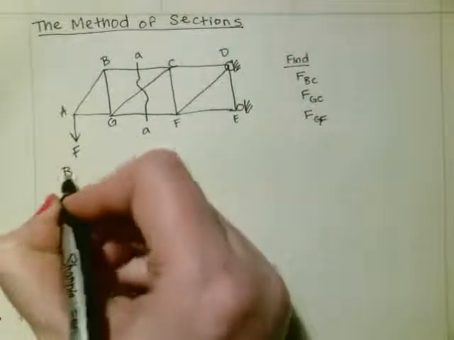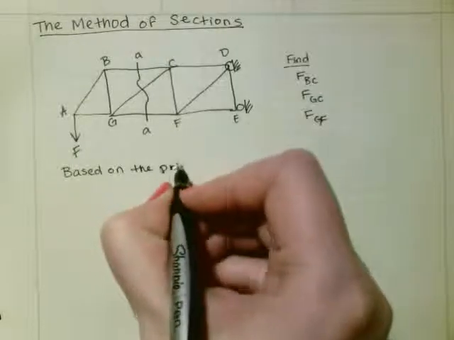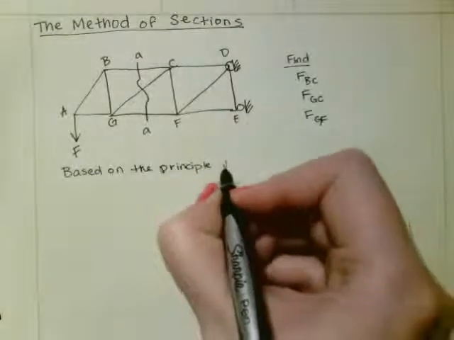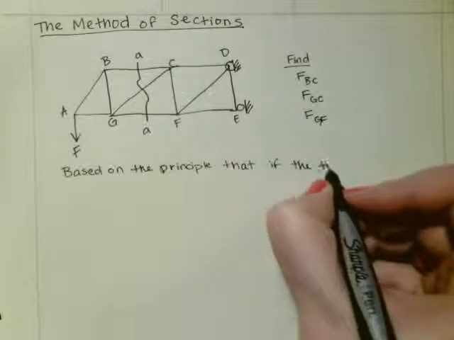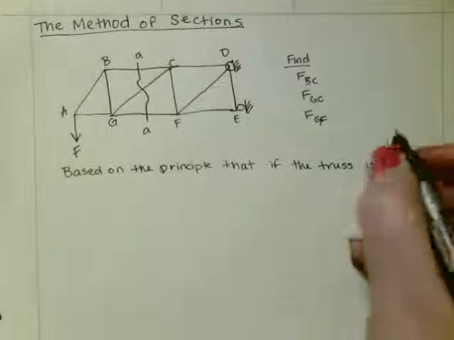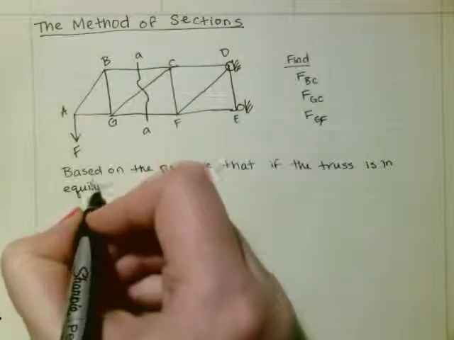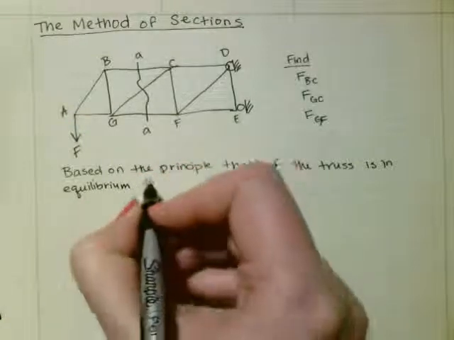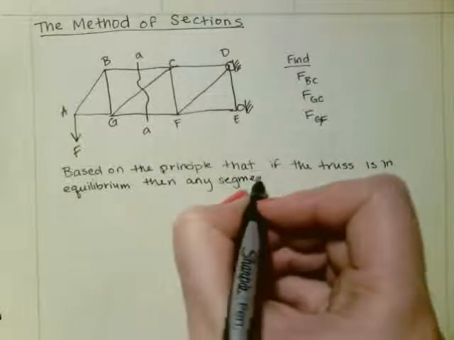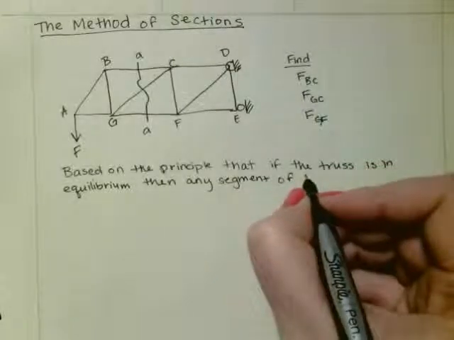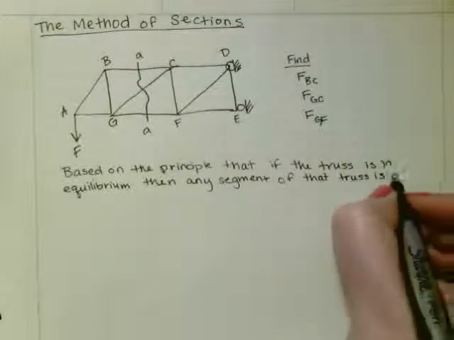And just like for joints, based on the principle that if the truss is in equilibrium, then any segment of that truss is also in equilibrium.